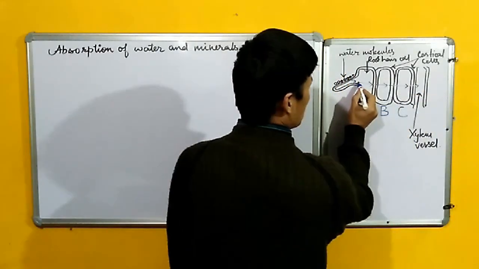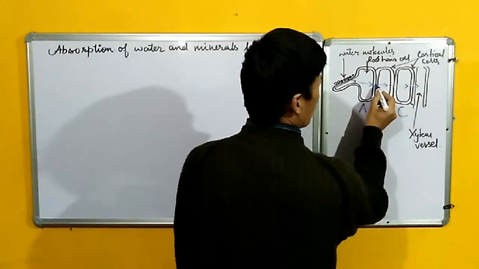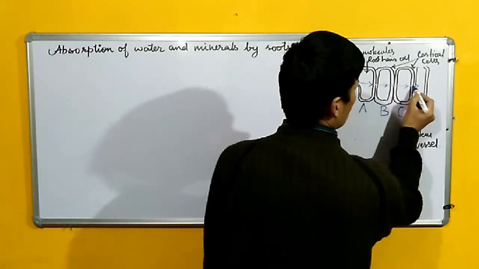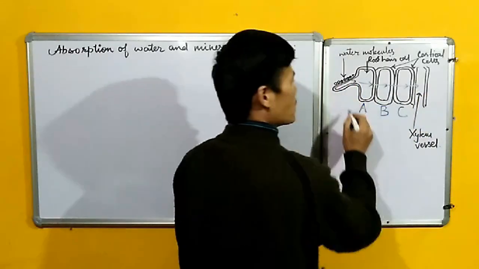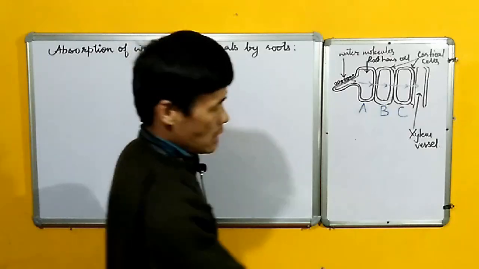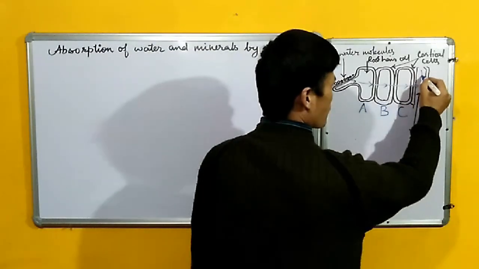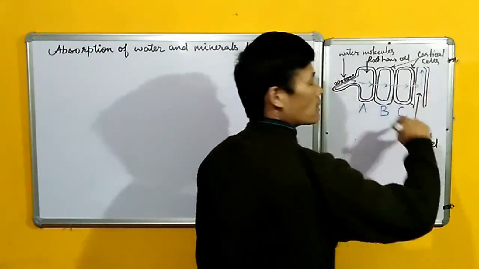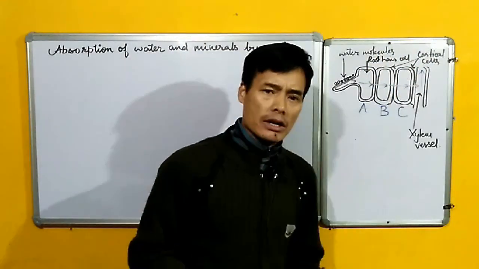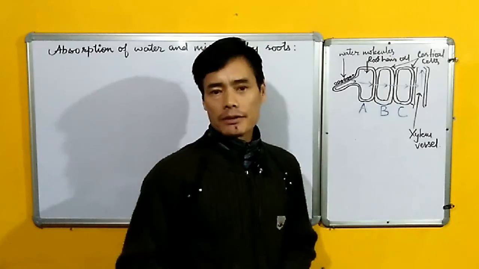So this is the pathway for the movement of water from the root into the xylem, and from the xylem it goes into the shoot system and the aerial parts of the plants.